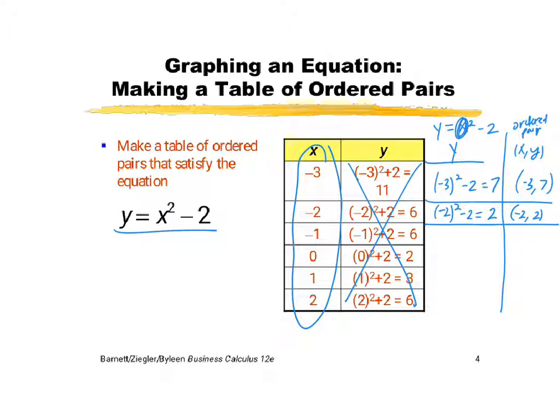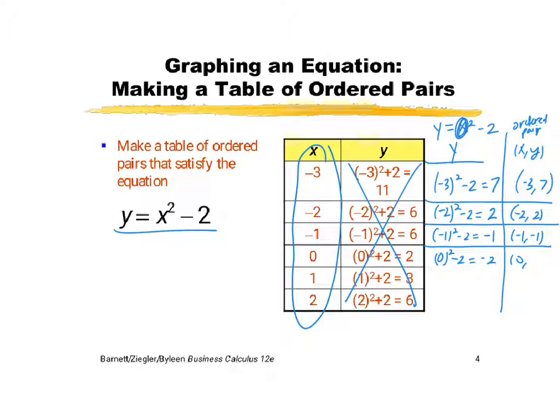Okay. For the next one, we have -1. So -1 squared minus 2 is 1 minus 2, which is -1. So when x is -1, y is -1. Okay. Here we have x equals 0. So I have 0 squared minus 2 equals -2.